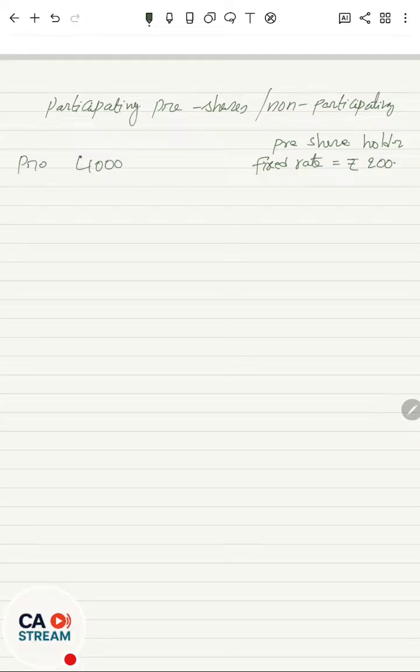The usual practice that I am telling you right now is that the 200 will be paid to the preference shareholders first. Now that 3,800 rupees goes to the equity shareholders. This is the normal practice.